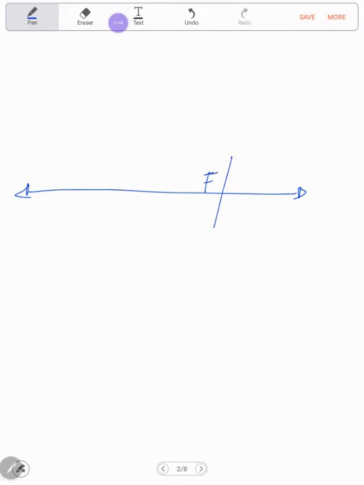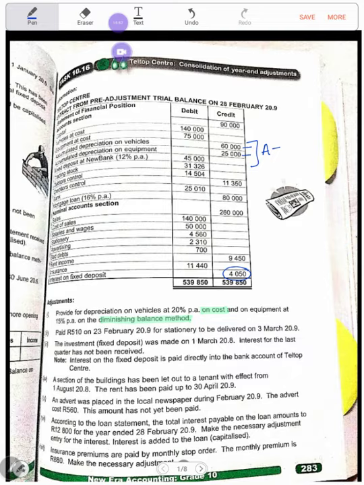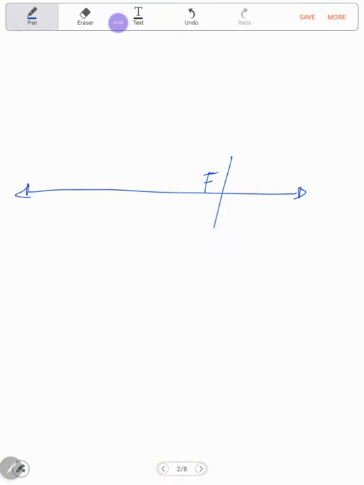Anything after February is outside our current financial year. And this person is telling us that the tenant has paid us up to the 30th of April. So March and April, they paid us 2 months in advance.